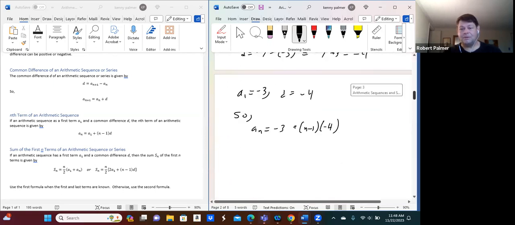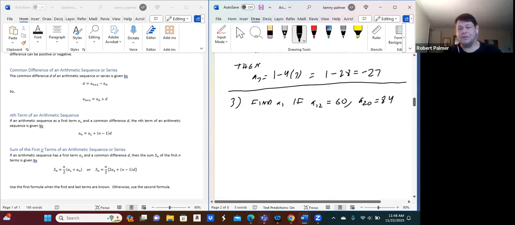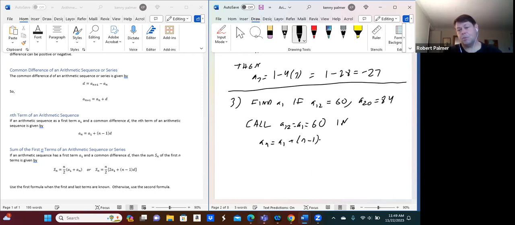What we can do to answer this question is to call A12 our A1, so A1 is equal to 60 in our formula for the nth term, because we could essentially start at the 12th term, and if we have the common difference, we'd still get to the 20th term eventually, but it would be a later term.